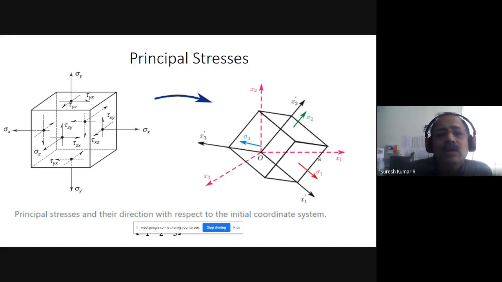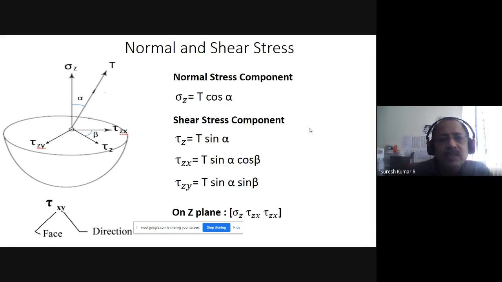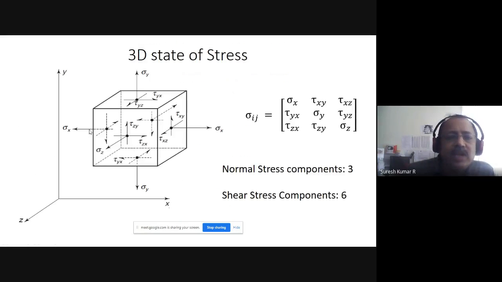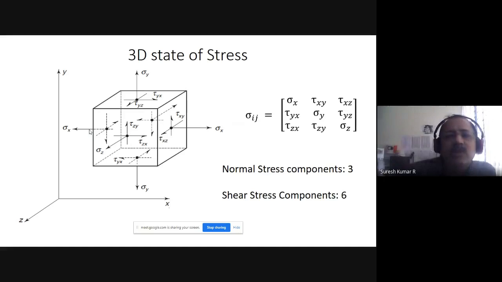Now, if you observe, all these 9 components are functions of these inclinations. If I change the orientation of the stress element, then the values of alpha and beta will change. That means all these 9 stress components will undergo variation.